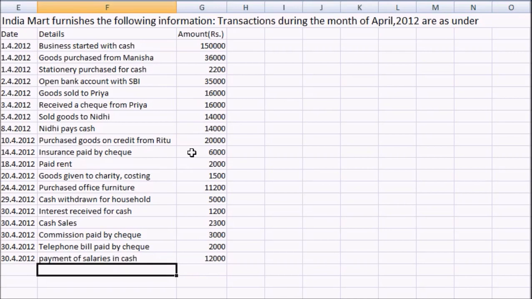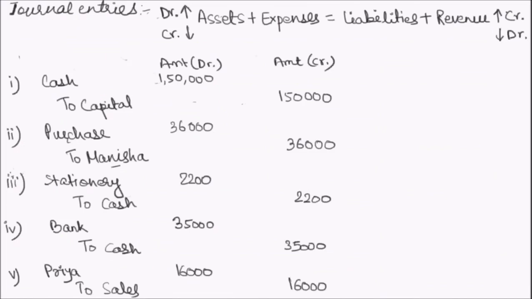So as check has been received in the bank, there is an increase in bank account, and as bank is an asset, any increase in an asset is a debit, as we have studied it before.